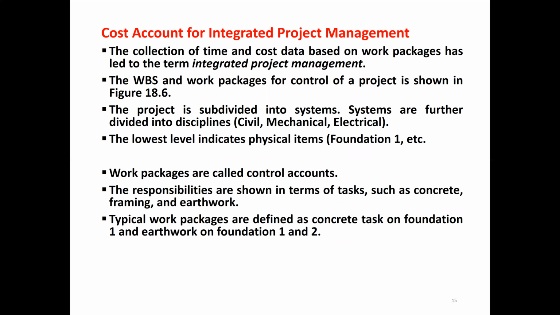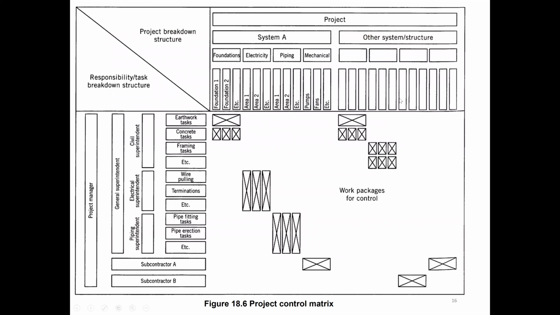Then work packages are called control accounts. The responsibilities are shown in terms of tasks such as concrete, framing, or earthwork. Like we see here, we divide the project into systems, maybe foundation, electricity, piling, mechanical, civil, and then these tasks are explained as responsibility in terms of earthwork task, concrete task, or framing task.